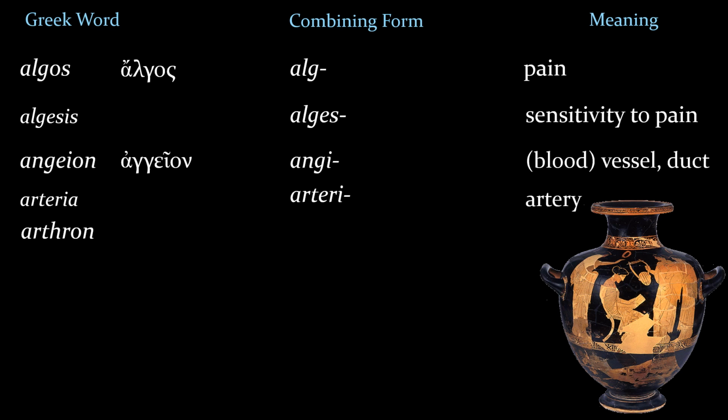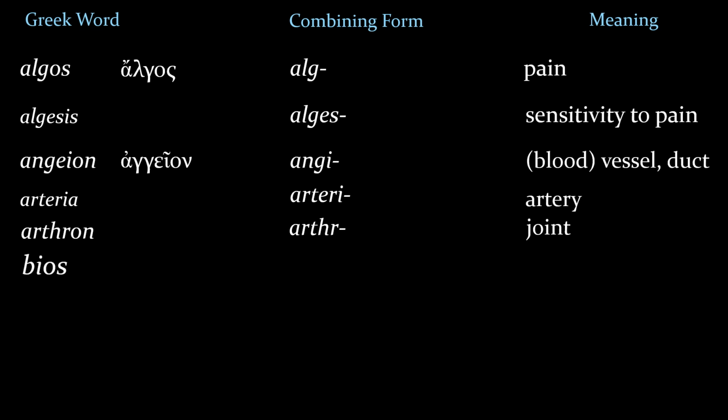Then we have arthron, and here we have ARTHR. And this is where we get joint, like arthritis. Arthron has a couple of other meanings in Greek as well, but for now, let's leave it at joint. Next, we have BIOS, which we will see in computers as well, and in many other cases.